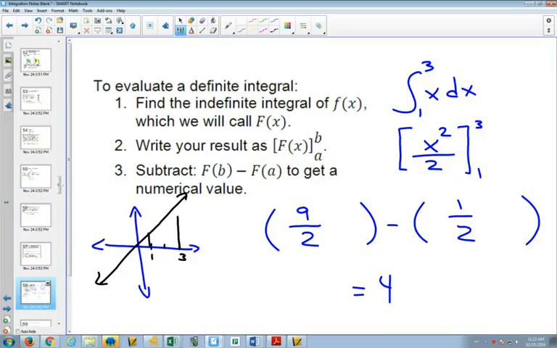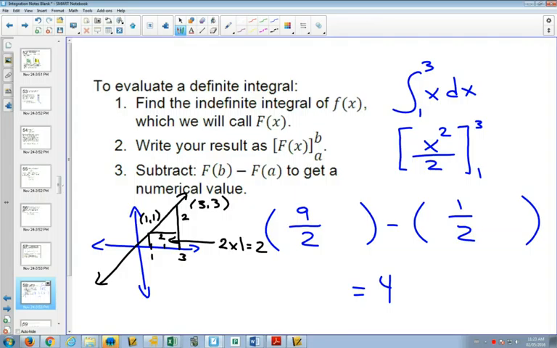Now, if you didn't have calculus and you were trying to find this area in the past, probably what you would do is split this up into two different shapes that you know formulas for. You know that this is the point 3, 3, and this is the point 1, 1. So this rectangle has a length of 2 and a width of 1, so its area is going to be 2.